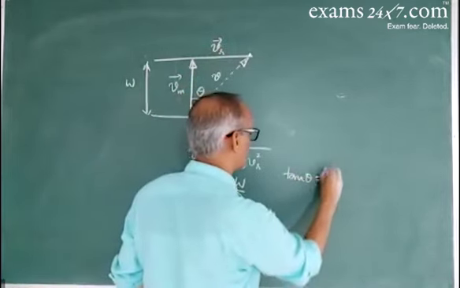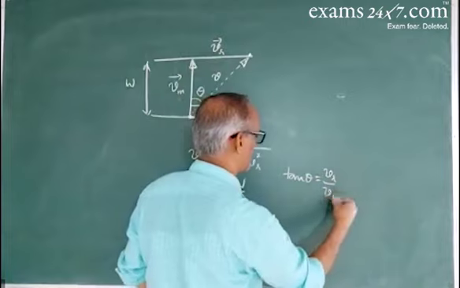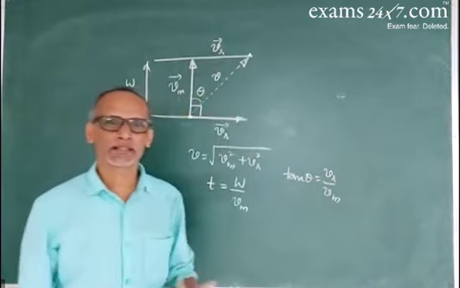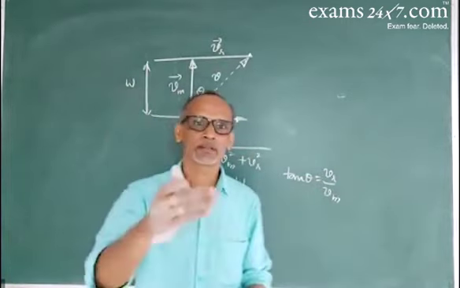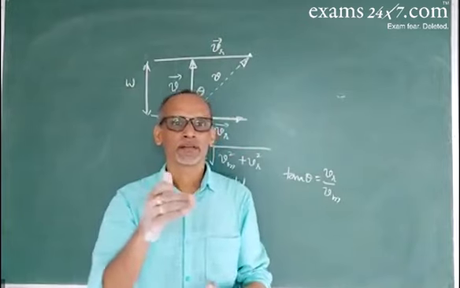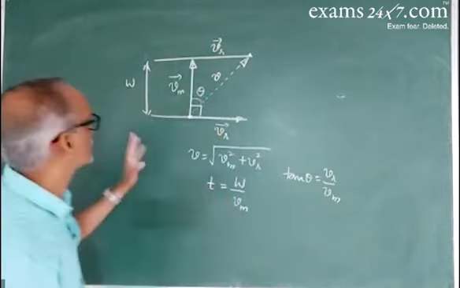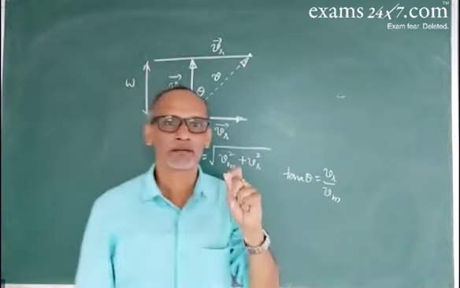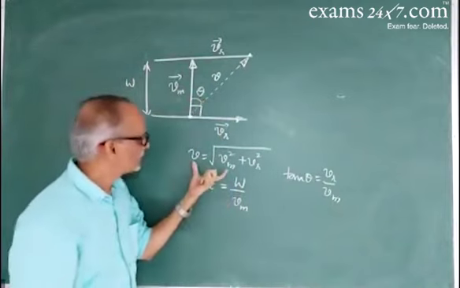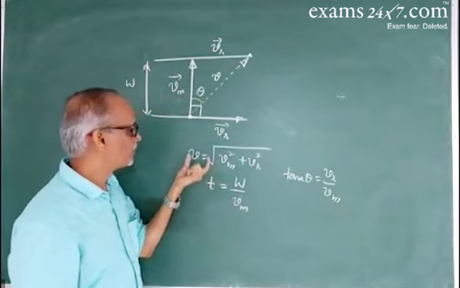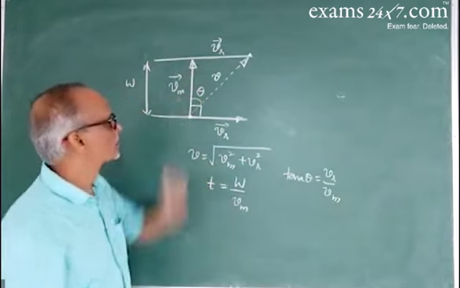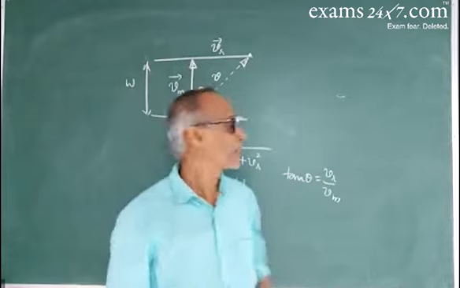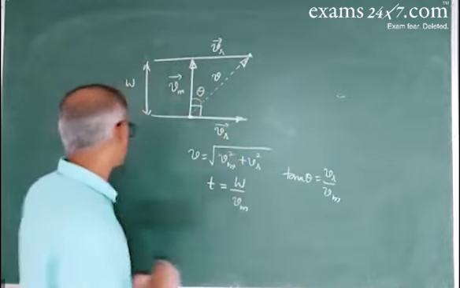So tan theta is equal to Vr by Vm. In the previous case, we discussed a man crossing the river in the shortest path, and this is a situation where a man wants to cross the river in the shortest time, for which the resultant velocity has to be more. Only then will he be able to cross the river in the shortest time.